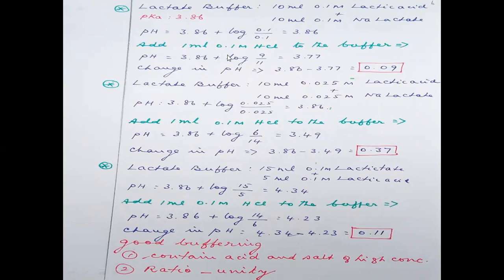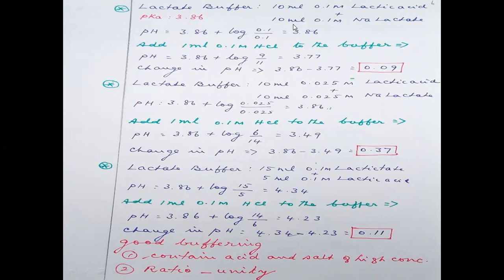Suppose I add 1 ml of 0.1 molar hydrochloric acid to the buffer, what will happen? That 1 ml of 0.1 molar hydrochloric acid will convert sodium lactate into lactic acid. The sodium lactate volume will decrease to 9, which can be considered as volume because the concentrations of lactic acid and sodium lactate are the same.